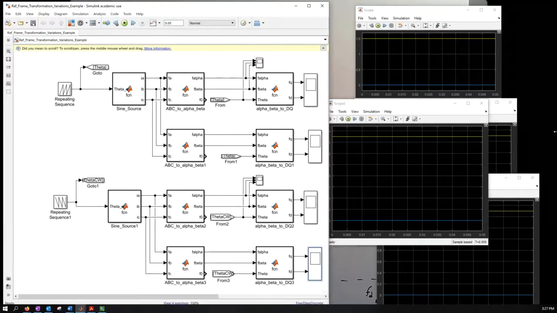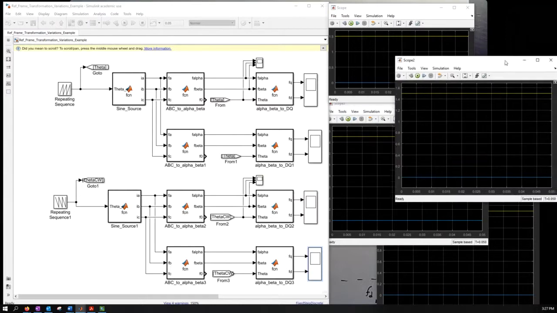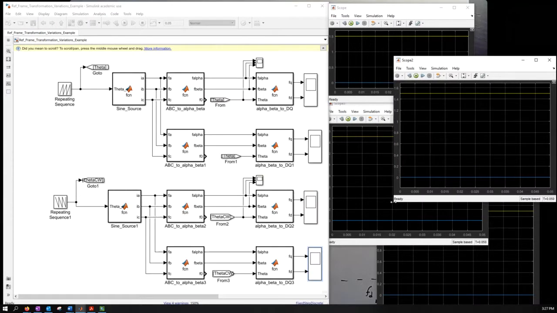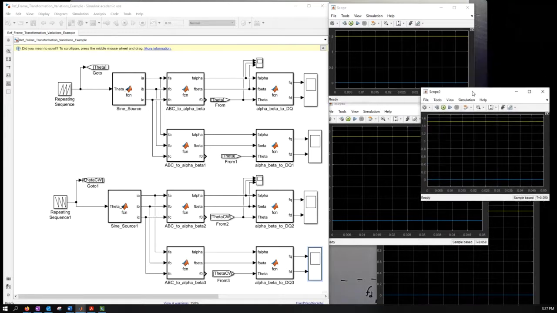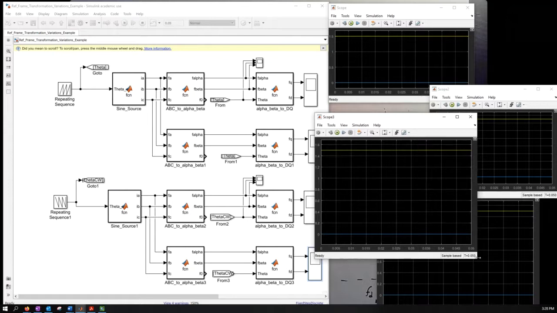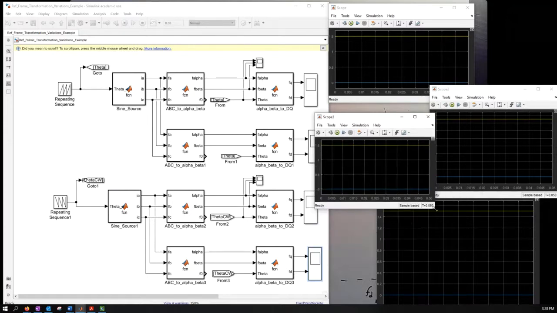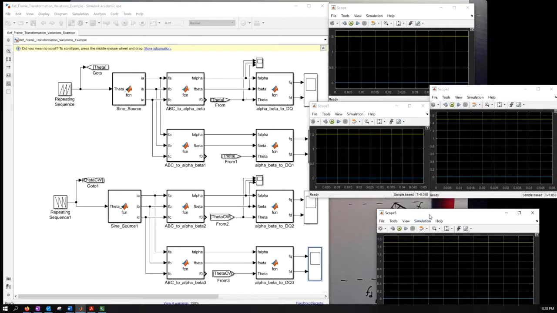Yeah, very interesting, and this is going to be a little bit mind-boggling for some of you. So just think about the concept and try to understand how we use this reference frame transformation in our analysis.